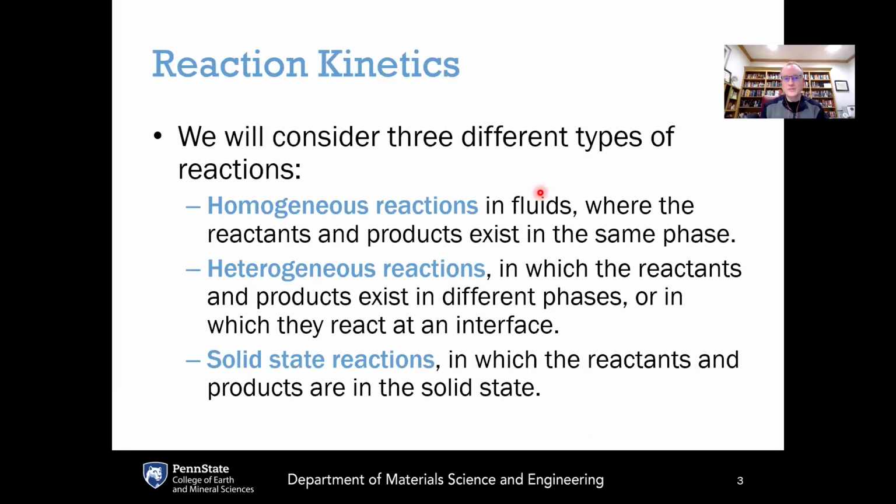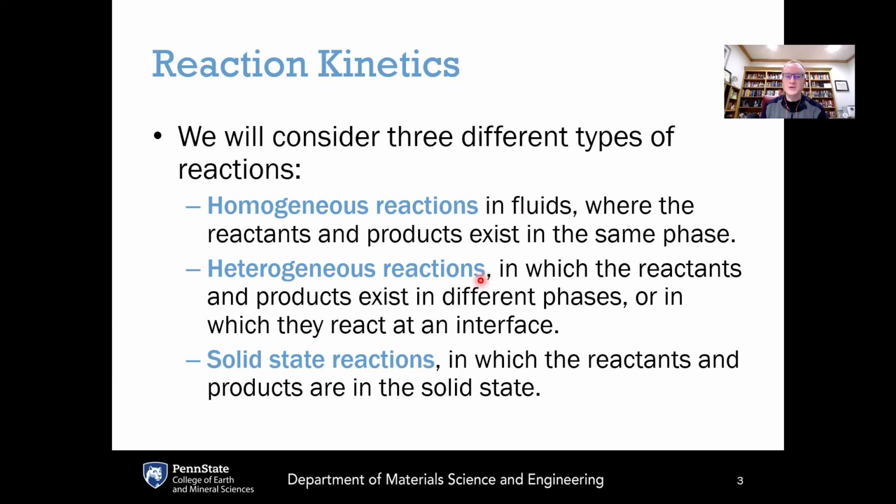Now, when we consider the field of reaction kinetics, we're going to consider three different types of reactions: homogeneous, heterogeneous, and solid-state reactions. Homogeneous reactions in chemical engineering generally occur in fluids, where the reactants and the products exist in the same phase.